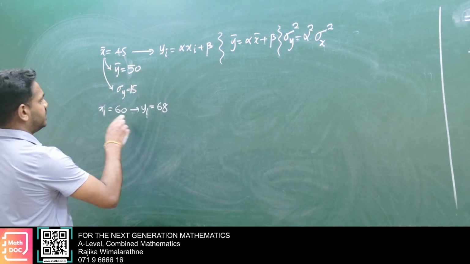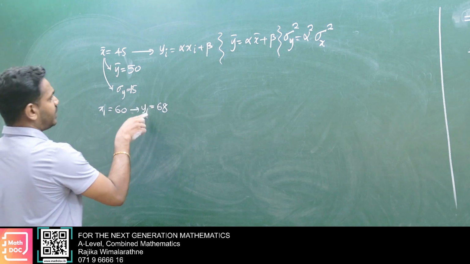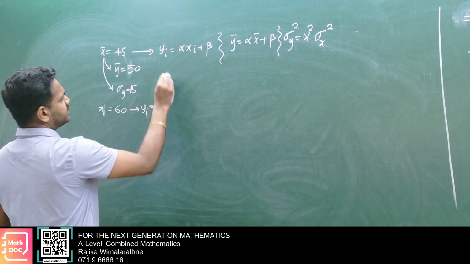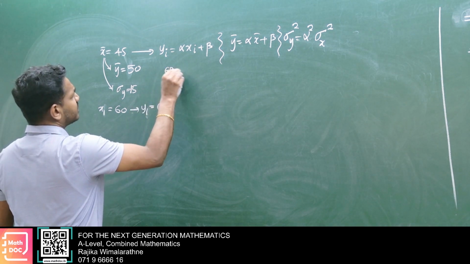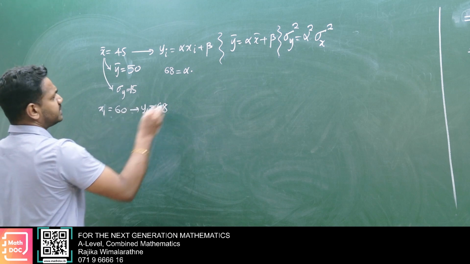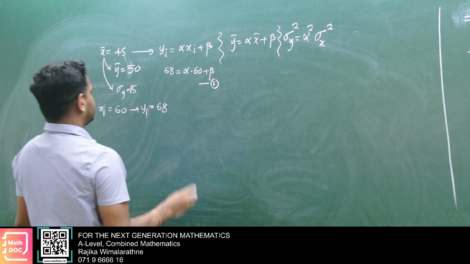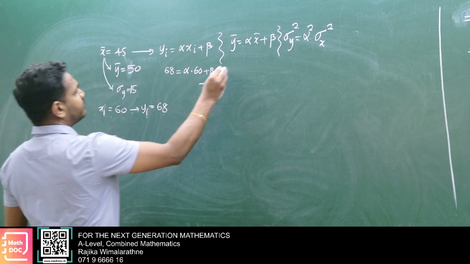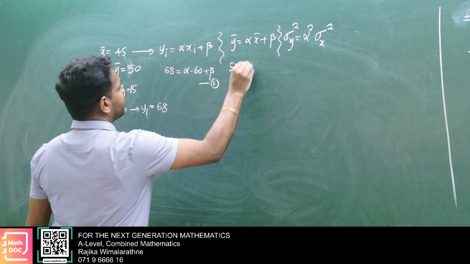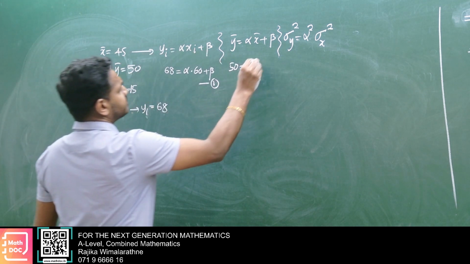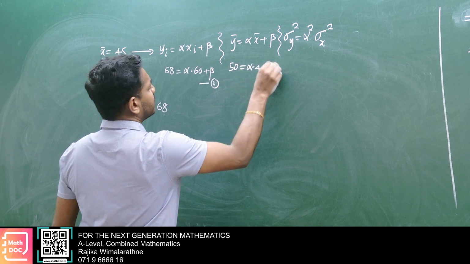So take yi = 68 equals alpha times xi, 60, plus beta, say equation 1. Then y bar 50 equals alpha times x bar, 45, plus beta.